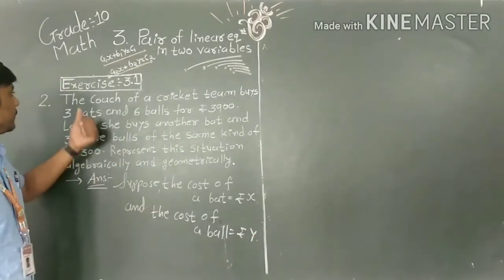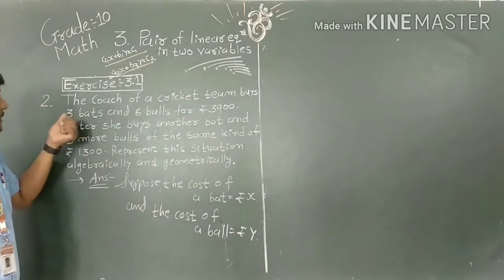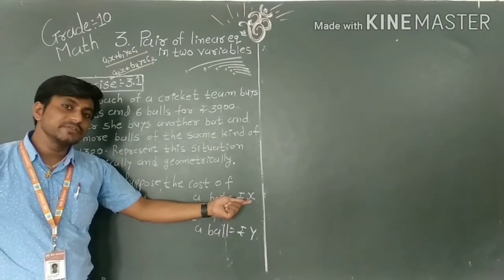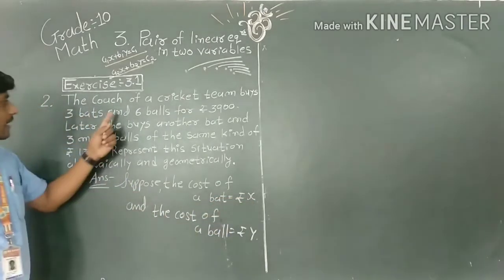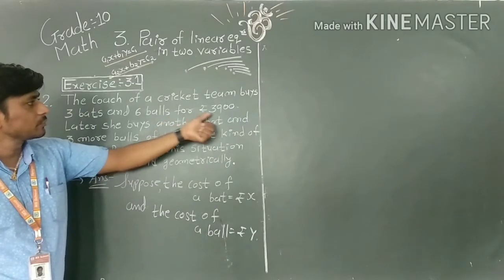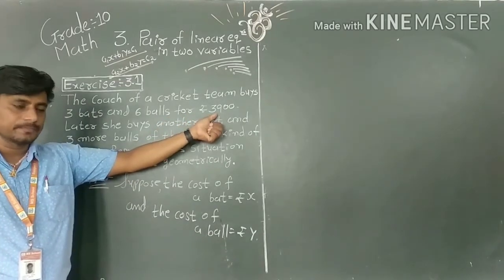Okay. Now, what is the condition? 3 bats, that means we multiply X with 3, 3X, and 6 balls, that means 6Y. The total cost becomes 3,900.